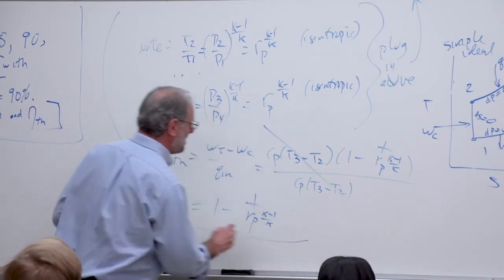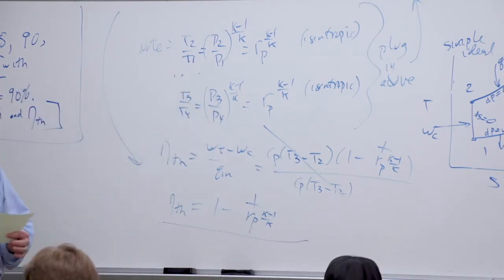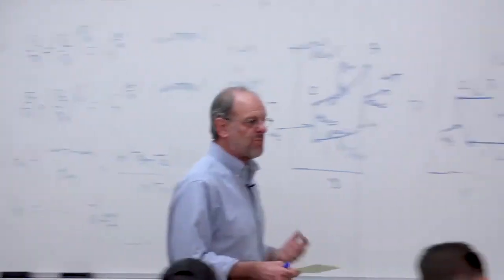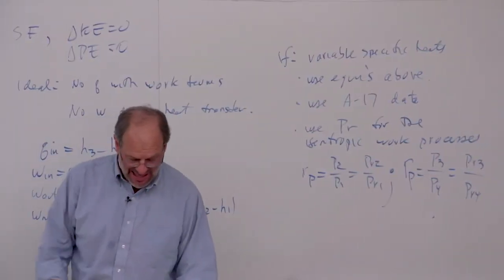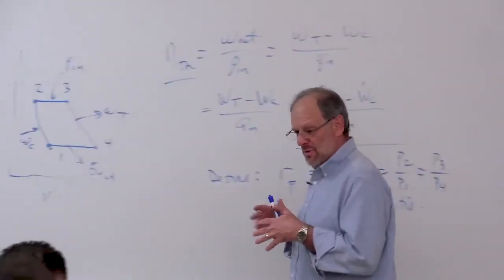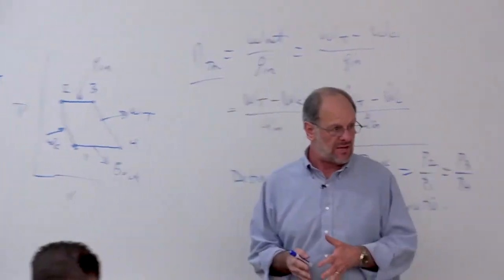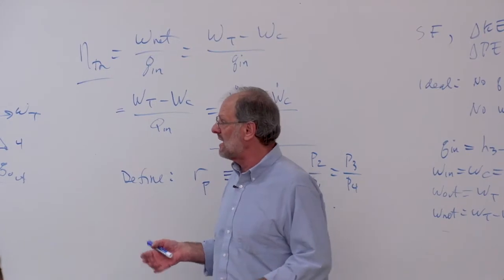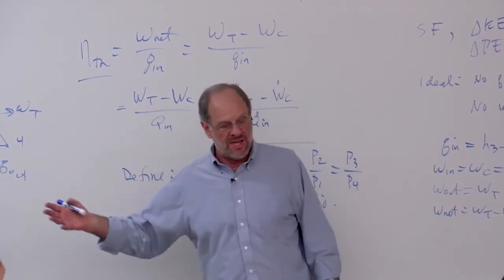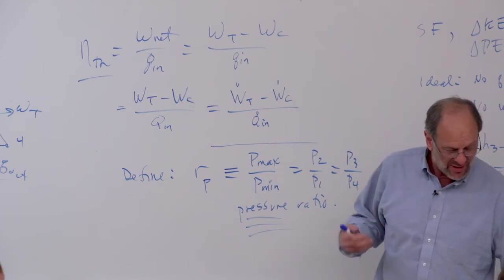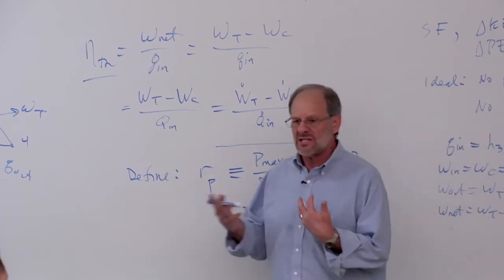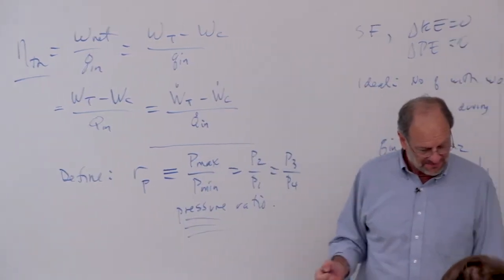So this is going to be the easiest way for us to calculate the thermodynamic efficiency for this particular type of situation. Now again, keep in mind that this is specifically for the ideal Brayton cycle, okay? Not the non-ideal Brayton cycle. Once we move on to non-ideal, then everything changes. And of course also this is only for the case where we have an ideal gas with constant specific heats.